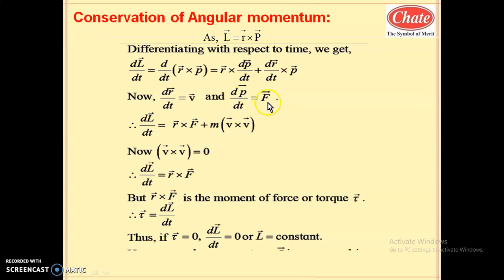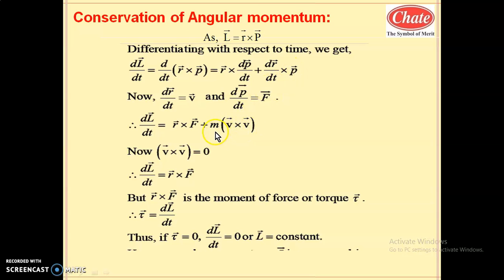This is Newton's second law of motion: rate of change of linear momentum is nothing but the external force. Hence the above equation becomes dL by dt equal to r cross vector F plus, since linear momentum is m into vector v and dr by dt is again v, vector v cross vector v.